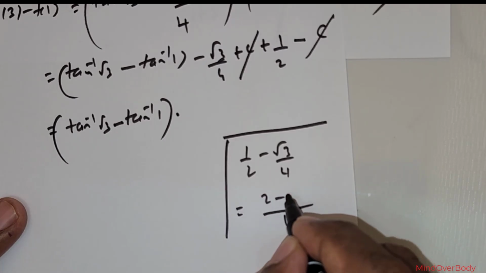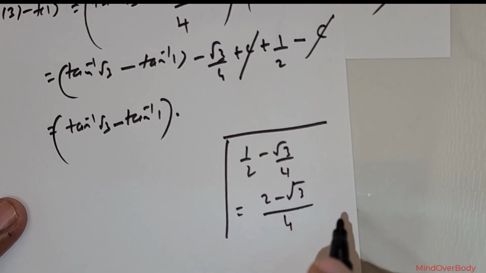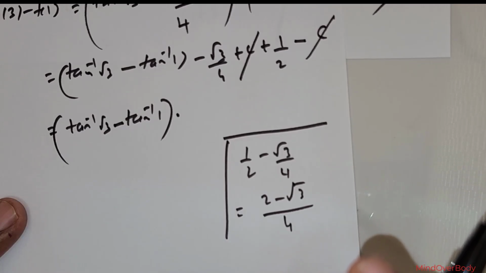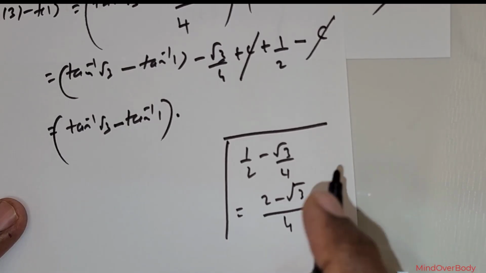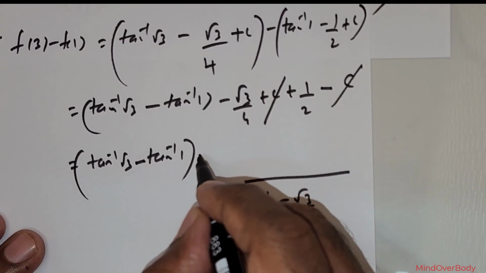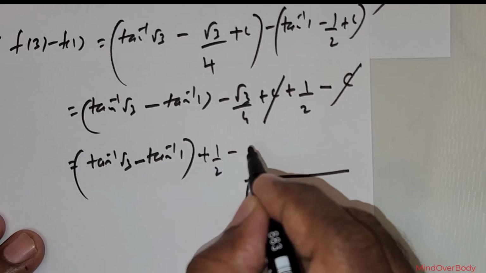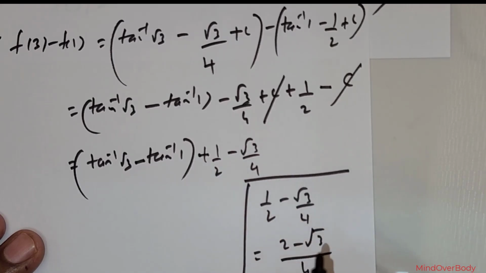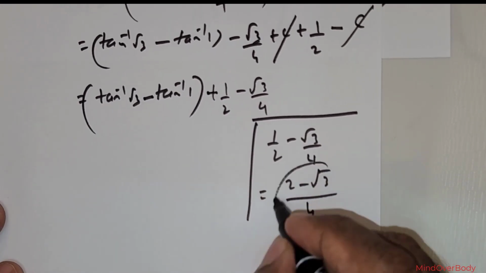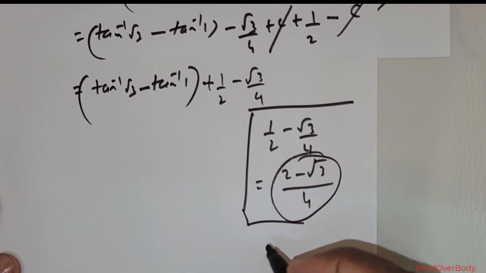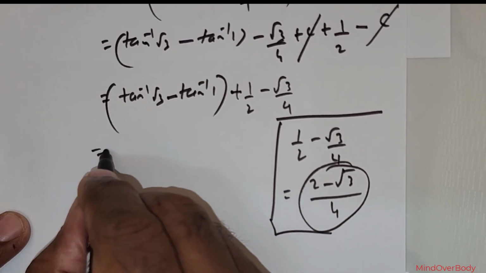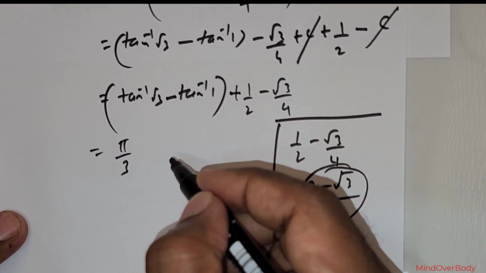You get 2 negative root of 3. Right. If you want, you can just place it as it is. So what I'm going to do is I will just place it as 1 over 2 negative root 3 over 4 because it doesn't look good, this one. And as far as this is going to be pi over 3.